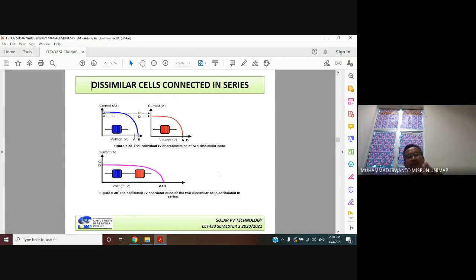So if we have some PV cells with different datasheets and we want to connect them in series, we can see, for example, like this one, this one.